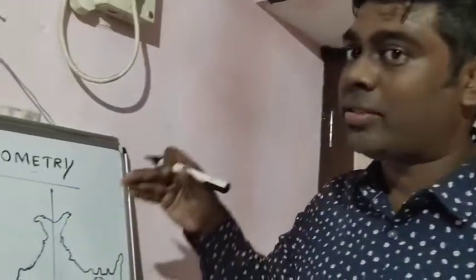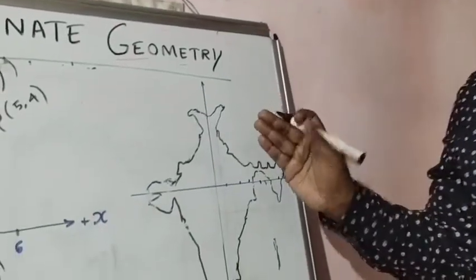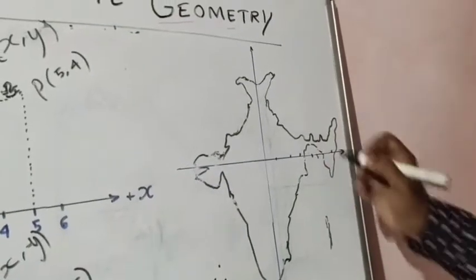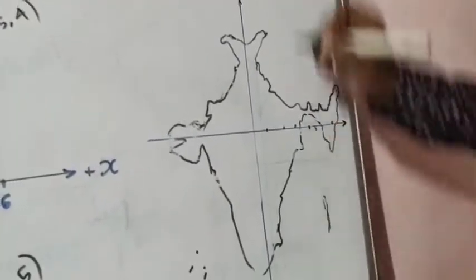Now I made these two-dimensional coordinates into a real example of an Indian map. Our Indian map is the best example to understand coordinate geometry. I already drew the x-axis and y-axis. Here we make it a direction instead of x and y.